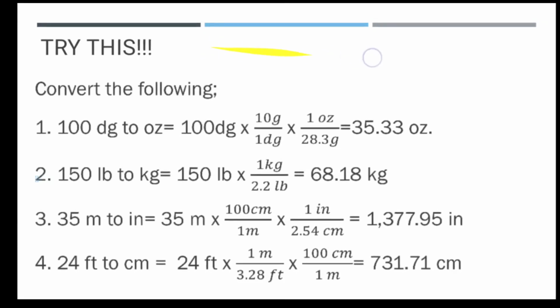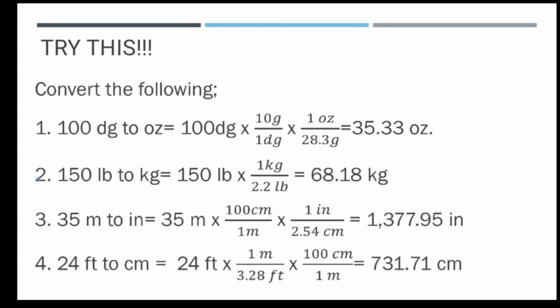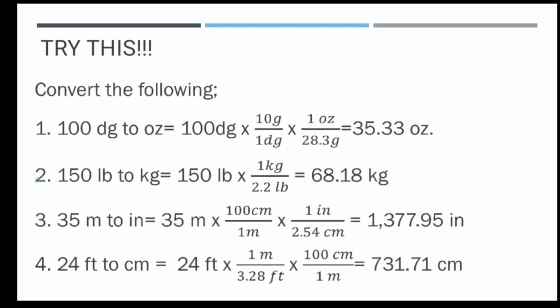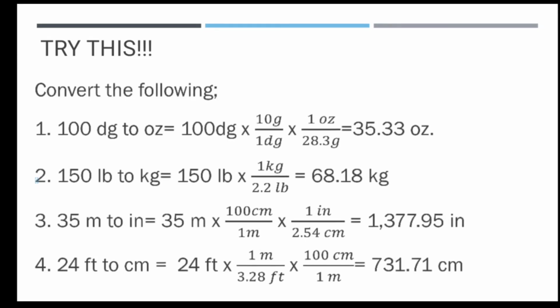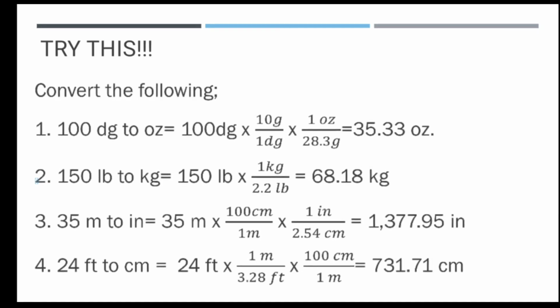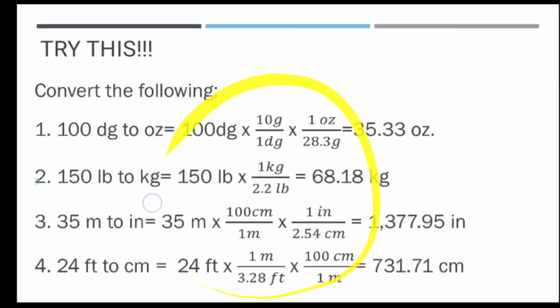Just draw a line, then arrange the units of measurement from smallest to largest, or from largest to smallest. Then after that, you can move the decimal point. Or if you are looking for metric to English or English to metric system, we will use a conversion factor like this process.